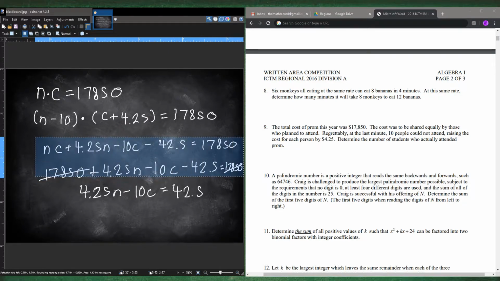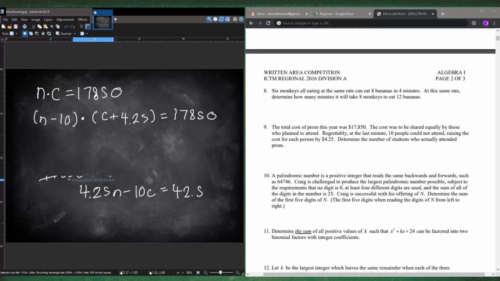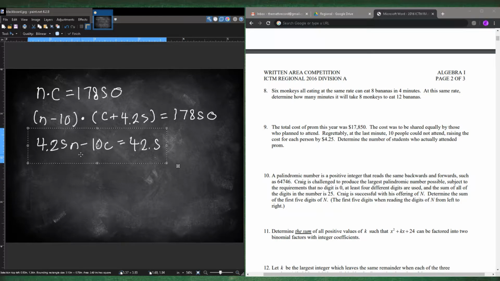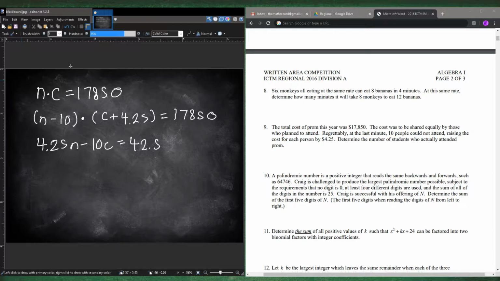Okay, so let's delete all this work because we don't need it, and let's move this up. So let's make these all into integers. Let's multiply by 100 on both sides. So that's 425n minus 1000c equals 4250.